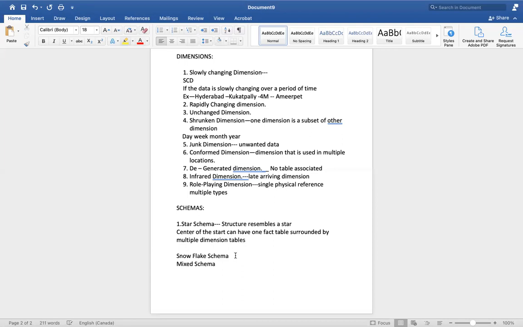In the snowflake schema also it is the same thing: one fact table surrounded by multiple dimension tables, which in turn have other dimensions.